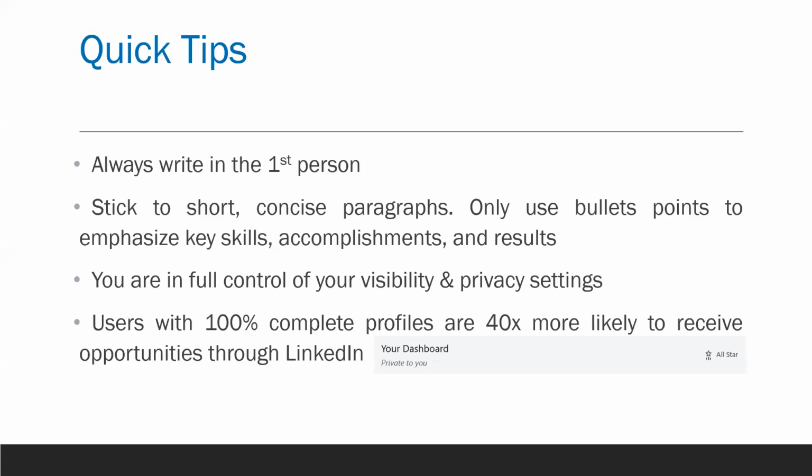So just some quick tips before we get started on the 10 steps. Always write in the first person. I know that this is hard, and this is going to be very hard for a lot of people because it's so much easier to write in the third person. I'm like that as well. Even if you're writing something about yourself, it's much easier to write it in third person, because then it's as if somebody else is saying these things about you.